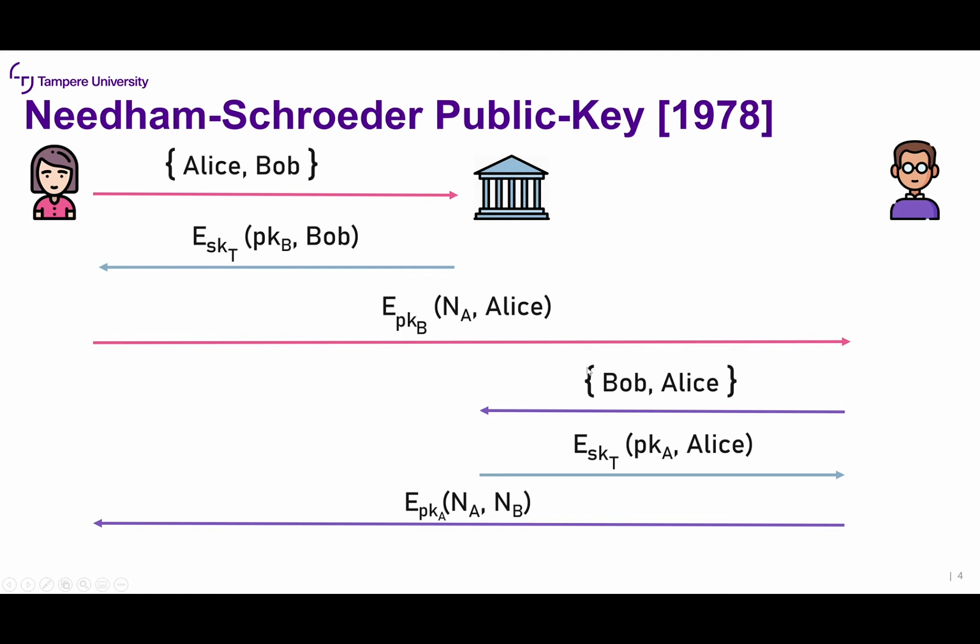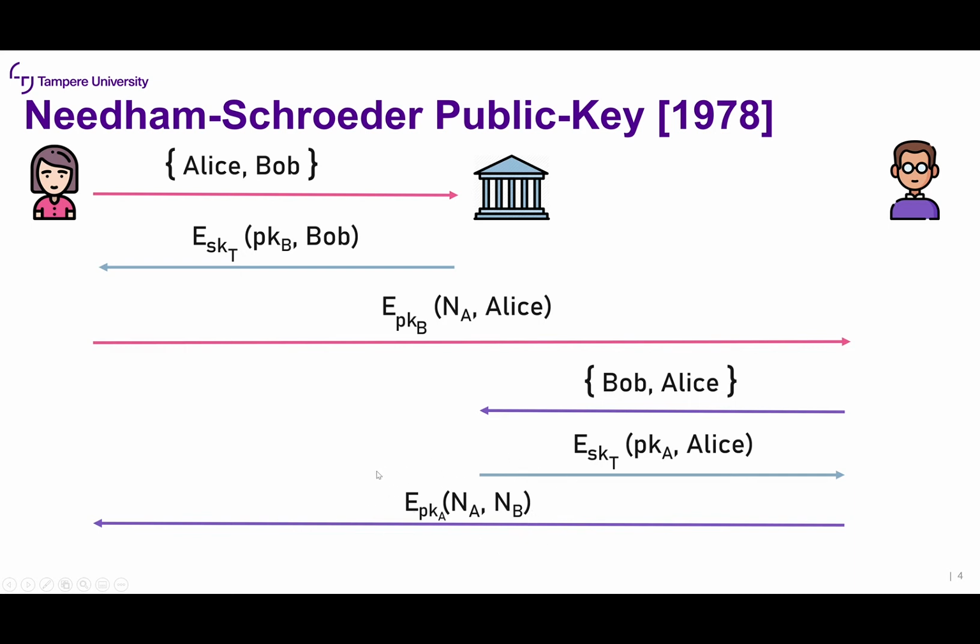Now, that message also contains another nonce, NB. Why do we need this? We need this for exactly the same reason that we needed the first nonce, NA, right? Bob would expect Alice to send back NB, and by doing this, Bob would be sure that Alice properly decrypted that message, right?